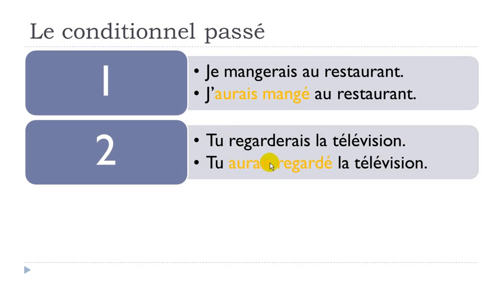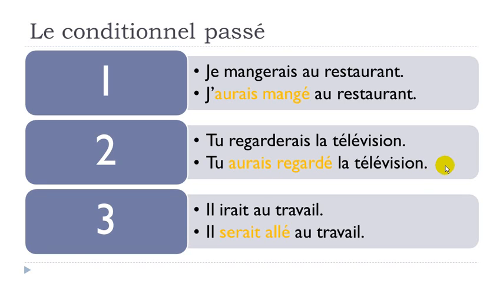Same thing here: the first one is at the conditionnel présent form, the second one is the conditionnel passé form. And then, il irait au travail would become il serait allé au travail. If you look carefully, you can see that it is composed of two parts.